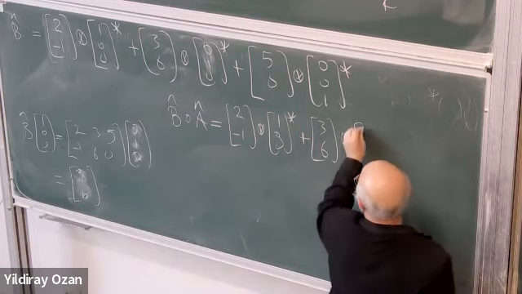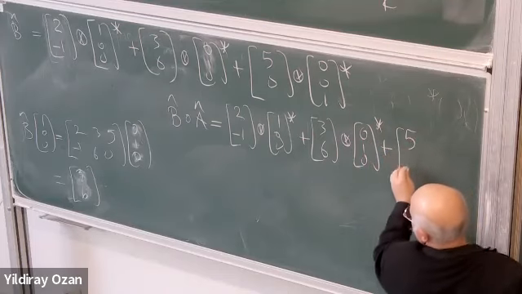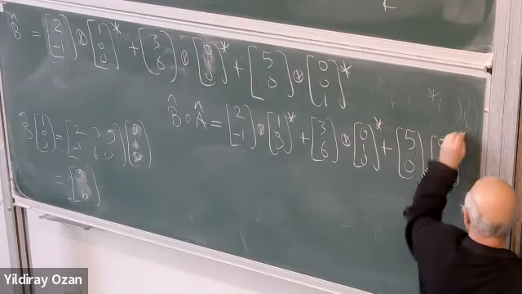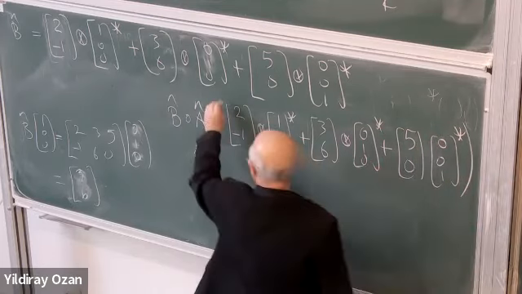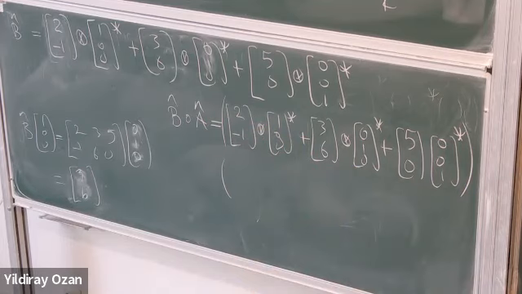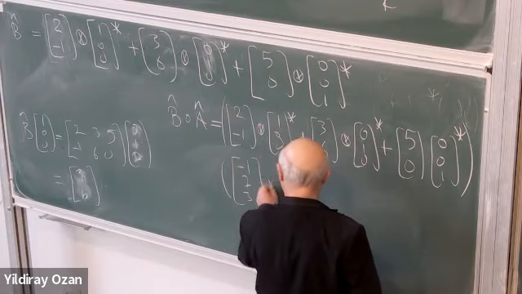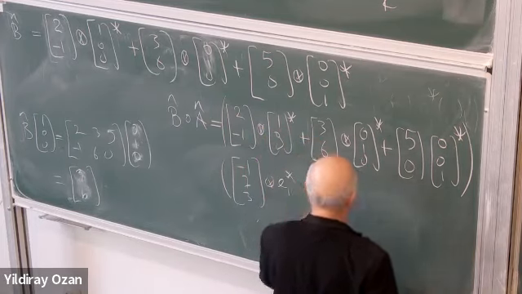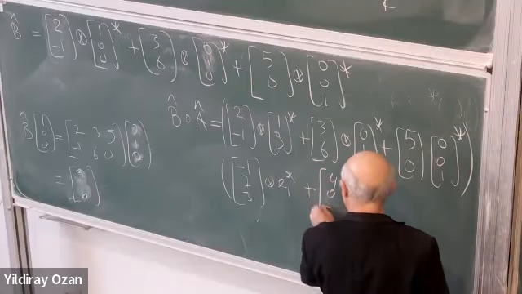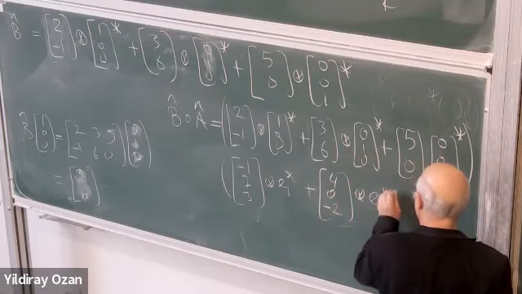Tensör 0, 1 star plus 5, 0 and then 0, 0, 1 star. This is applied to what? Minus 1, 7, 3 E1 star. Evet. 4, 0 minus 2 E2 star. Okay.